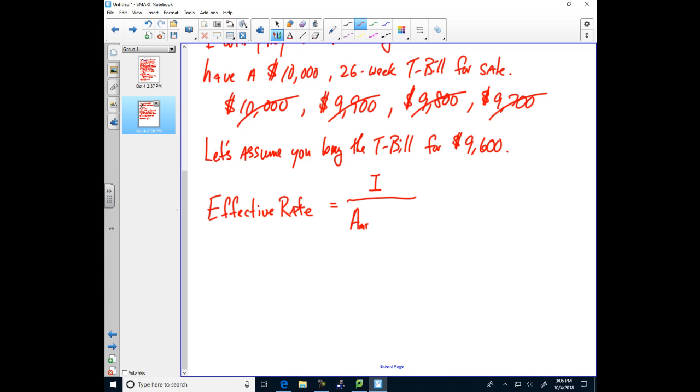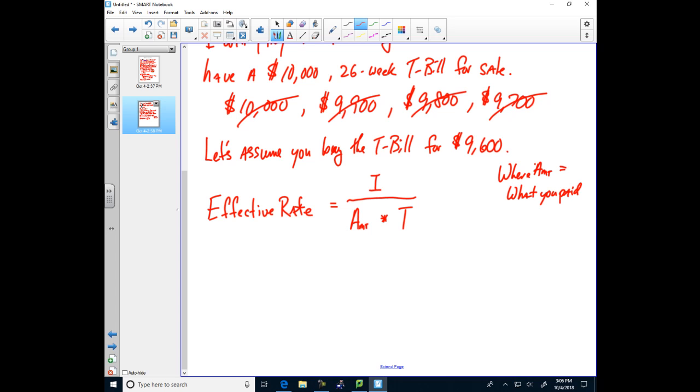Can we use amount? It's the amount paid, times the time, where AMT equals what you paid.